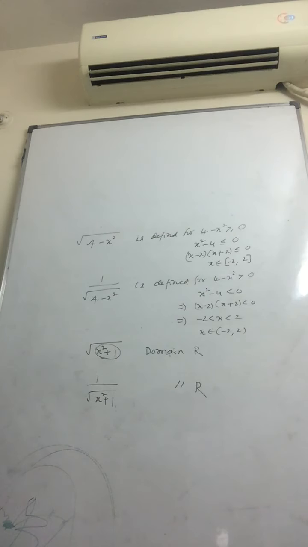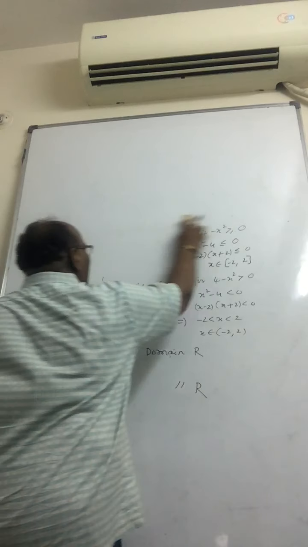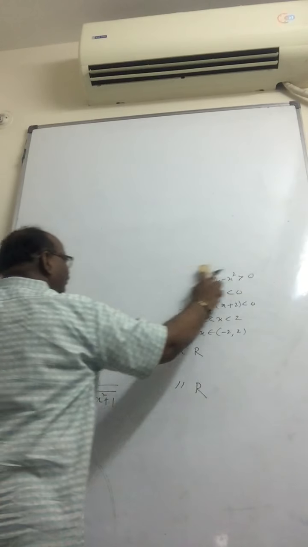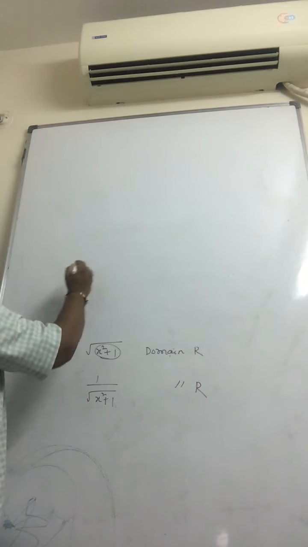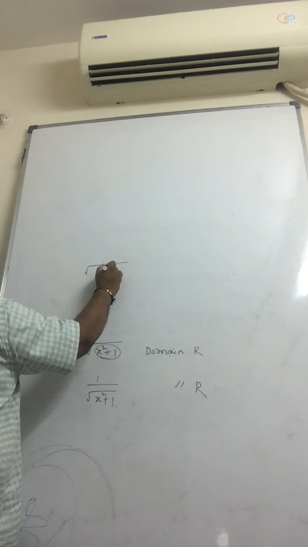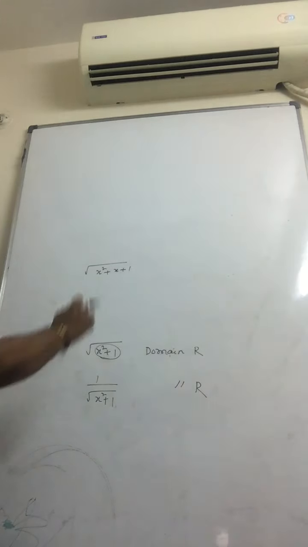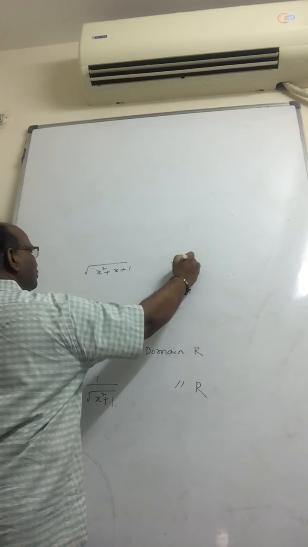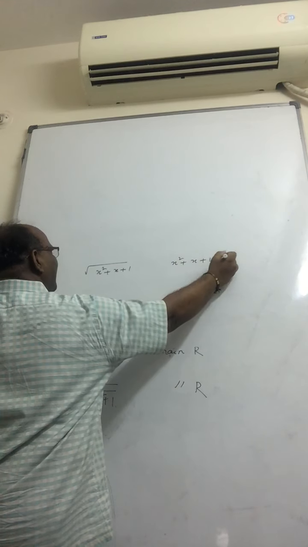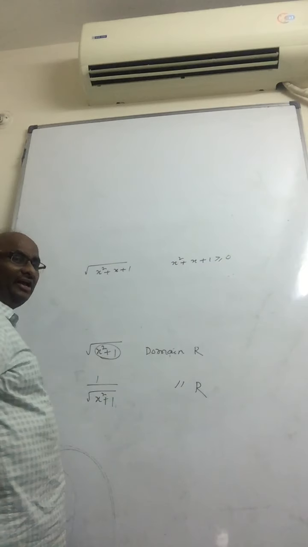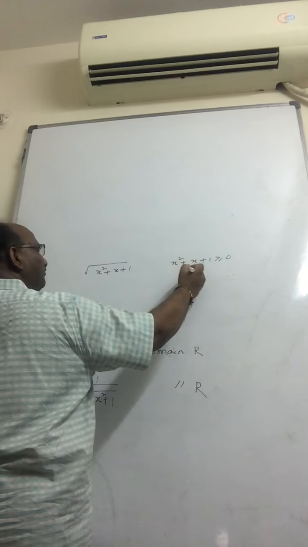Domain is real numbers. So one more example I will give and I will stop the class. Root of x square plus x plus 1. What is the domain of this function? Whether it is how to solve, x square plus x plus 1 must be greater than or equal to 0. But while finding factors, how do you find them?